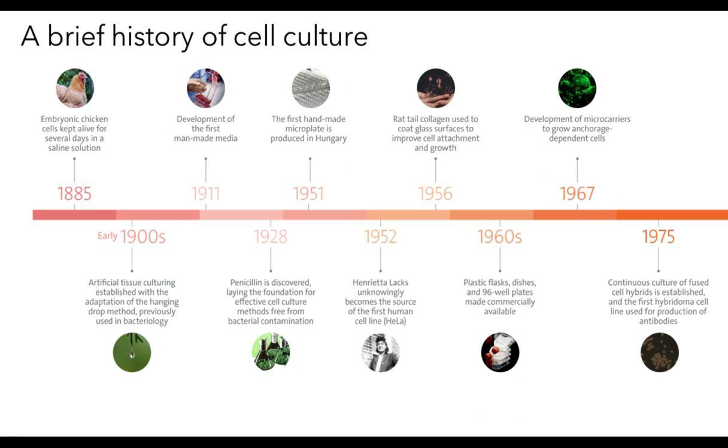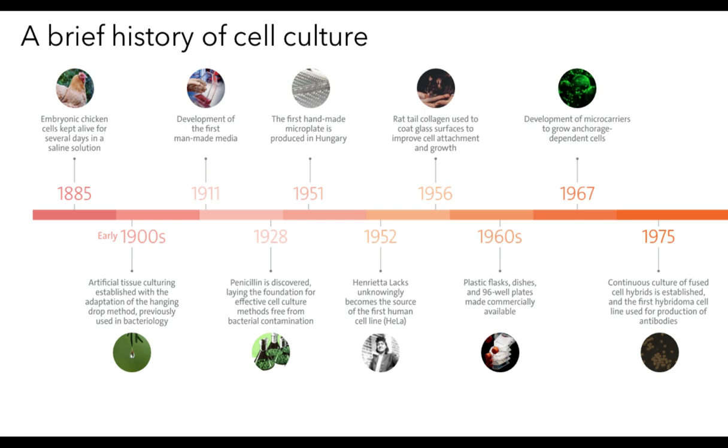Various improvements came along in the 50s, including the ability to coat glass surfaces and indeed other surfaces with proteins such as collagen that improve cell attachment and growth. And then plastic came in as the workhorse in terms of growing cells: flasks, dishes, 96-well plates as well.